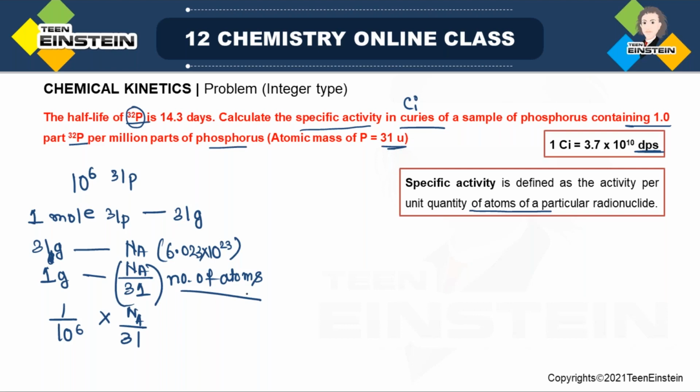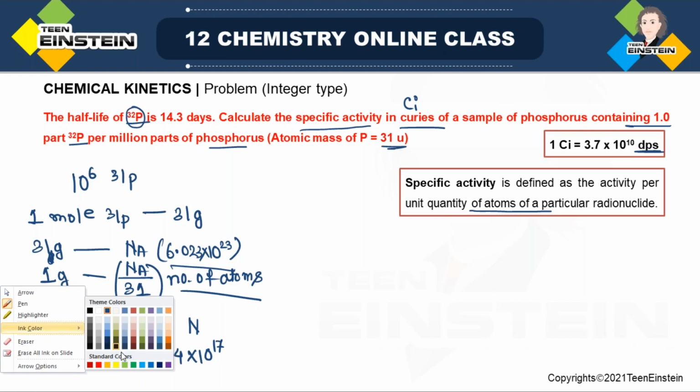In this number of atoms, 1 divided by 10 to the power 6 is the number of 32 phosphorus atoms, and suppose this is capital N. If we put the value of Avogadro number, 6.023 into 10 to the power 23, after this calculation we will get the value of capital N as 0.194 multiplied by 10 to the power 17. So this is the first part of the problem.